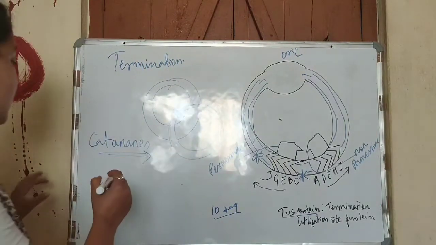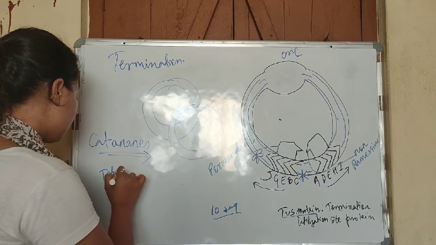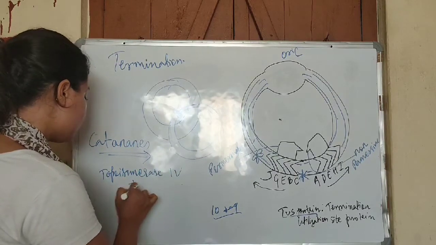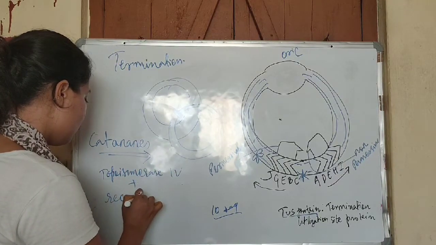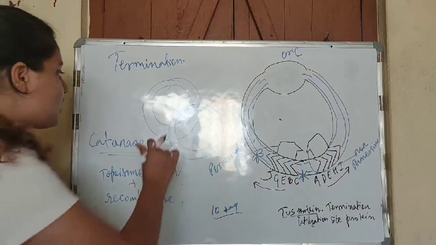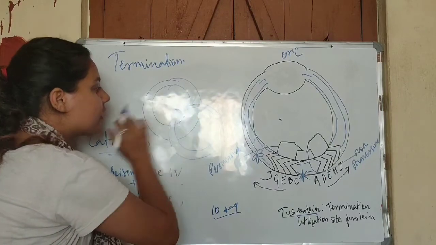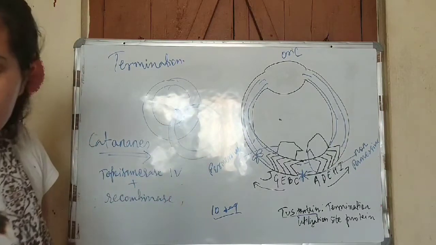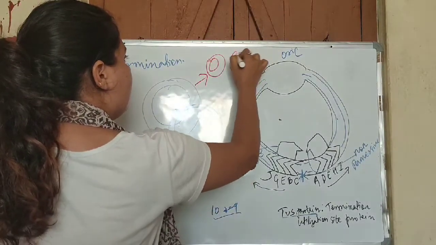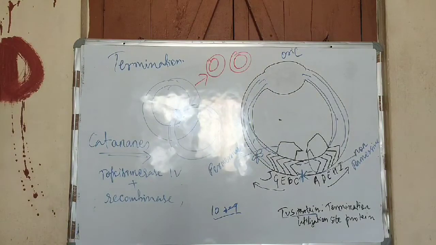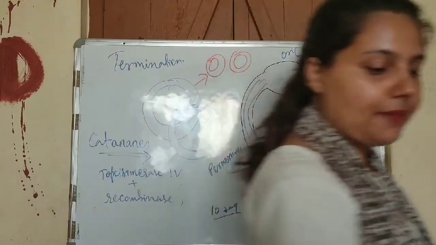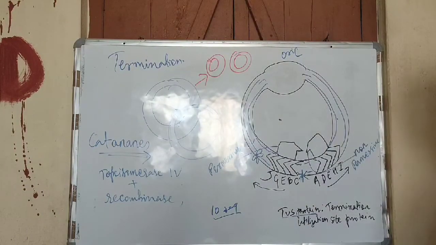So this cut is done by topoisomerase 4 plus recombinase. Recombinase plus topoisomerase 4 will initiate a cut here, and now these will be 2 individual DNA, right?